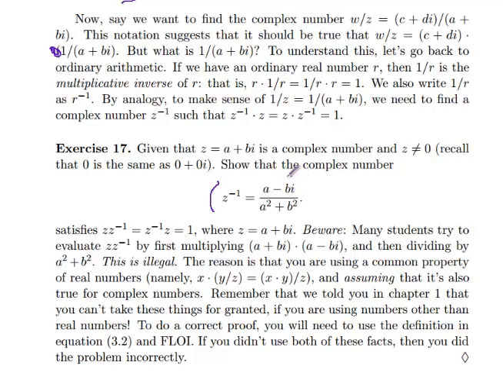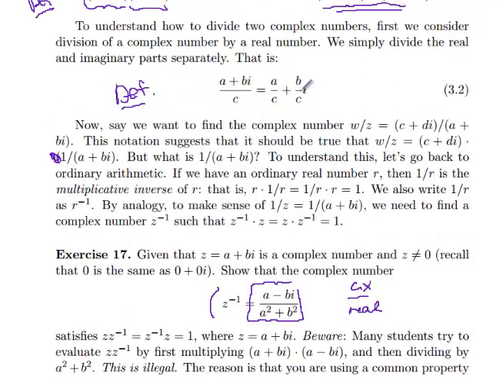First of all, we have to understand what this means. This is a complex number divided by a real number. And we've shown already how to divide complex numbers by real numbers. That's what was up here. So you have to use 3.2 to explain what this division means.